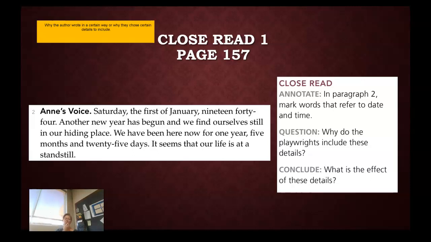Now, eventually you should be able to do your own close reads with partners when you go to the small group. The whole group, we as teachers should guide you through it.